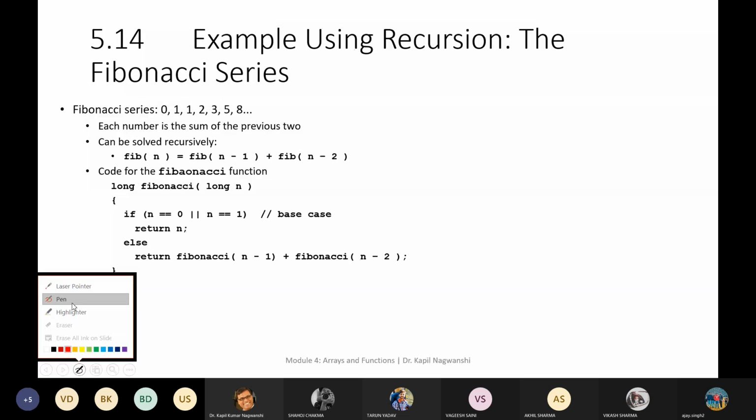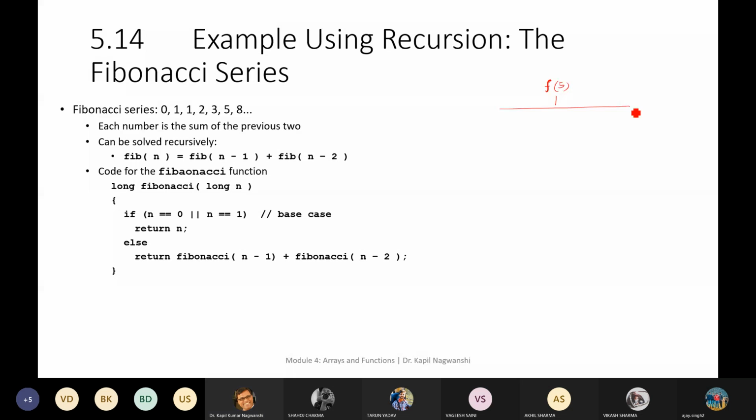Again, F5. F5 is broken down into the addition of F4 and F3. Yes or no? Then F4 is broken down into F3 and F2. And this is F2 and F1.